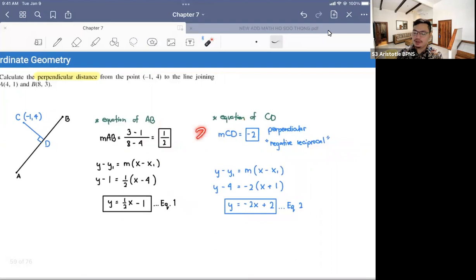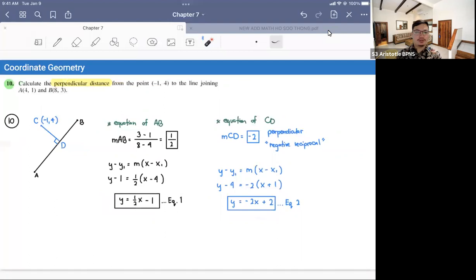It becomes 2 over 1. And then negative, you multiply it by -1. So you will get -2 as the gradient of line CD. Applying it to this formula, m is now -2, and I've used point C, (-1, 4), as my x and y. So my second equation is y = -2x + 2. All right, so there you have it. Those are your two equations. Now we can solve for their intersection point, basically point D.